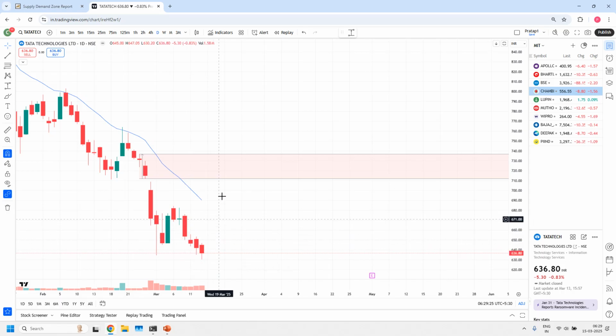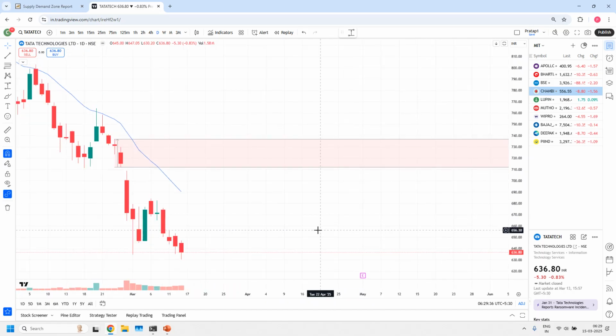A drop, base, rally, that is going to be the target. Next time when prices reach here, we have a demand zone. But as of today, there is no demand zone. It doesn't mean that by the time prices reach here, it won't have any demand zone. There is a possibility. Who knows? Maybe tomorrow, or this coming Monday, a rally candle may be created. That way a new demand zone might be created, and then that will be the target.